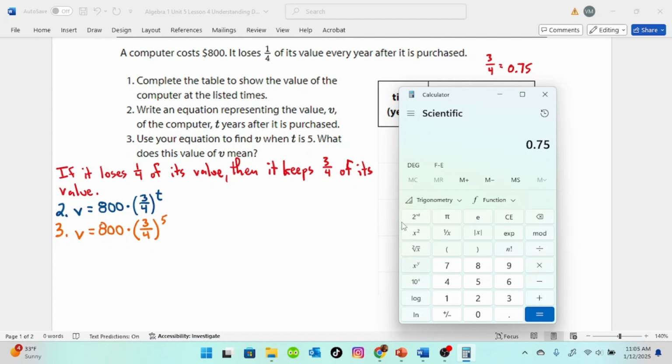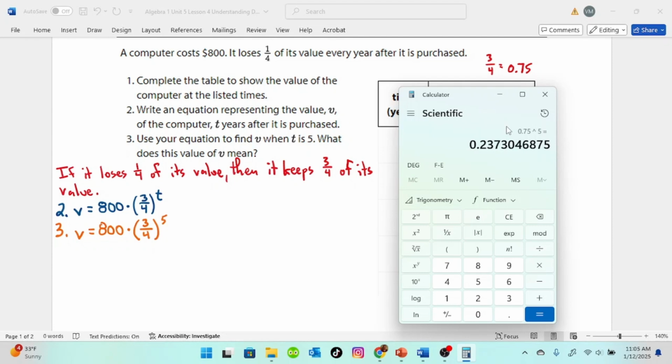That will let me use an exponent larger than 2. I press this button, and now if you notice up here, I have the little up arrow, and now I can type in the number of years as 5. And that will give me 0.23 and so on.